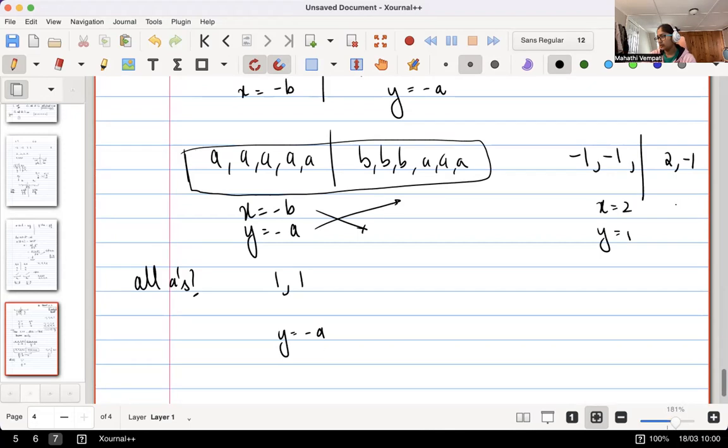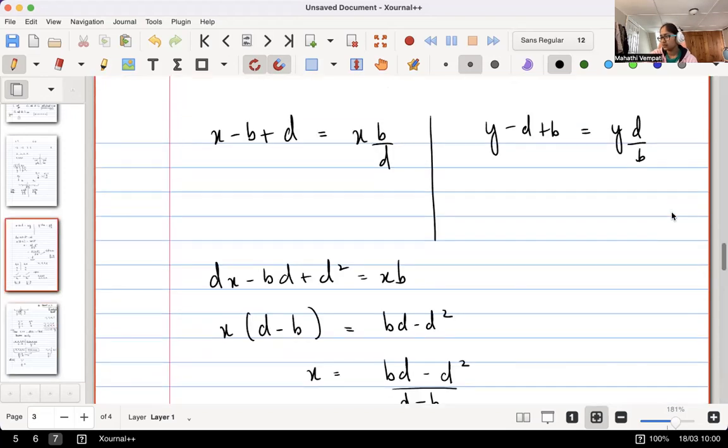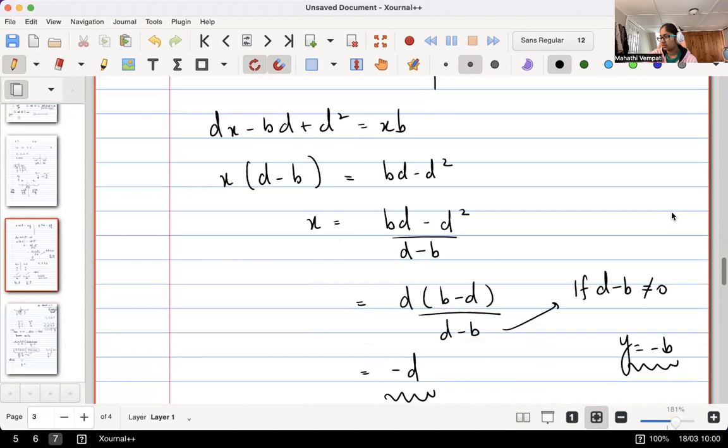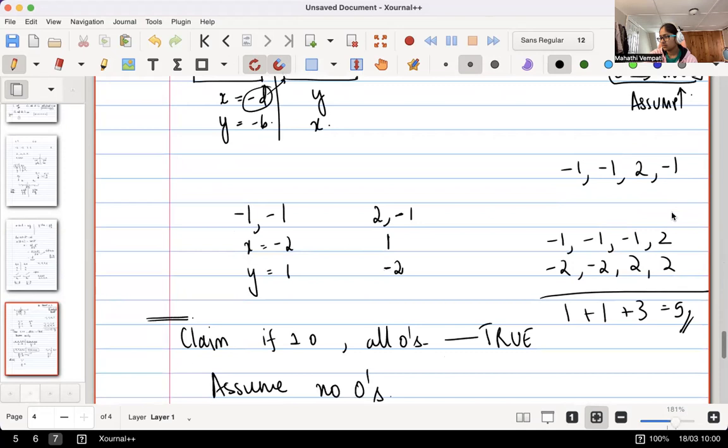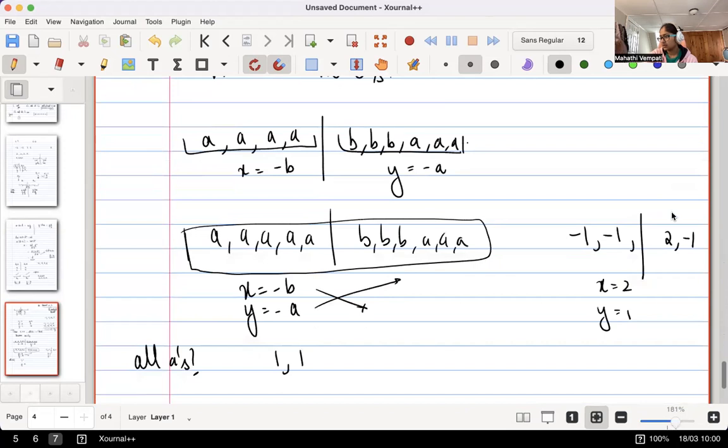And product equals, what is it? 1 minus 1. What am I doing? Sum equals minus 2. Then here sum equals 1, product equals minus 2.